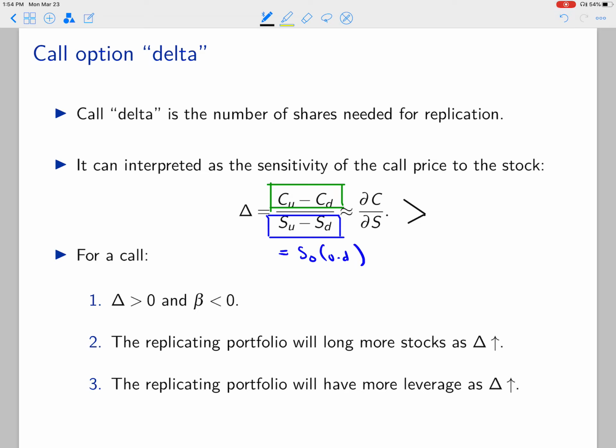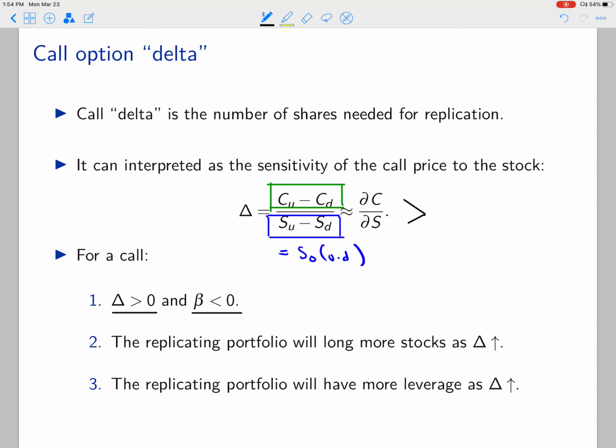For a call option, the delta is going to be positive. This means that the call price increases as the stock price increases. So as the stock price increases by 1 unit, the call gets more in the money, so the call becomes more valuable. It also means that we need to long shares to replicate the payoff of the call, and we need to short bonds to finance this purchase.